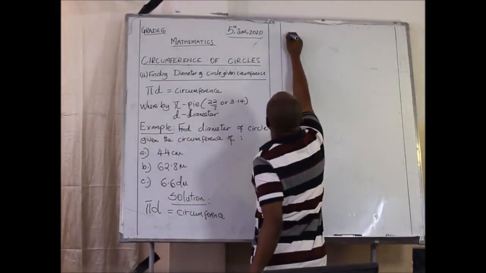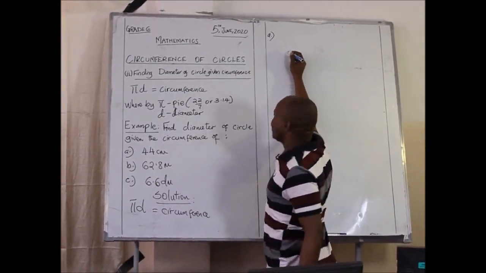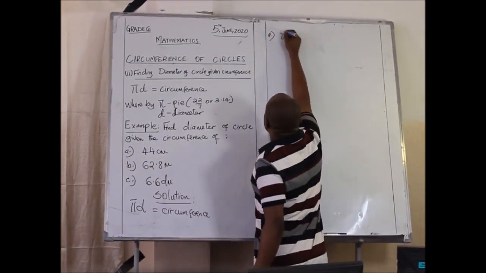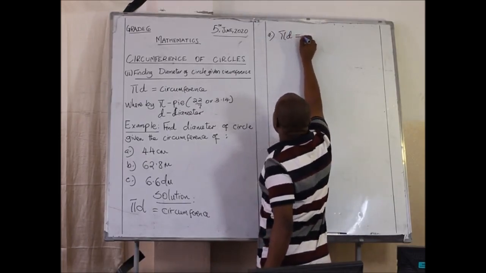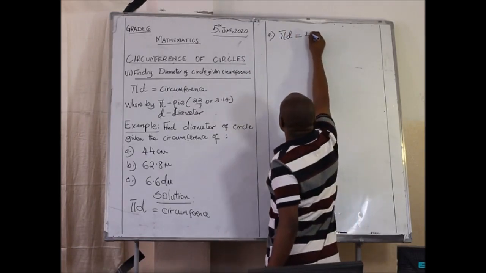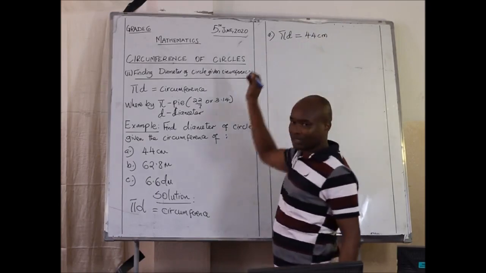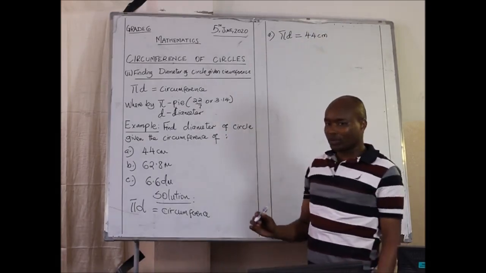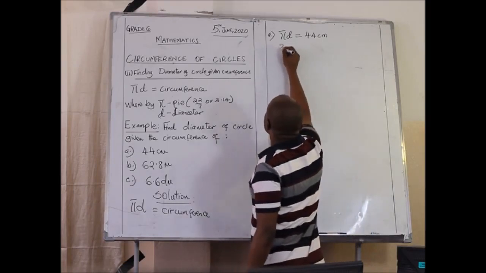Therefore, our first question, with 44 centimeters as the circumference, we will apply our formula pi d is equal to circumference. Our circumference in this case is 44 centimeters. The pi that we are going to involve here is 22/7.